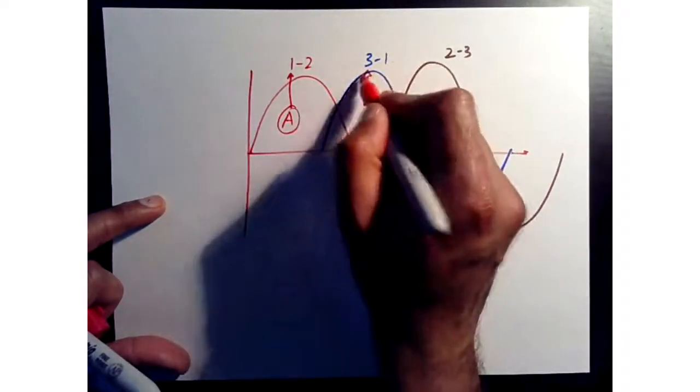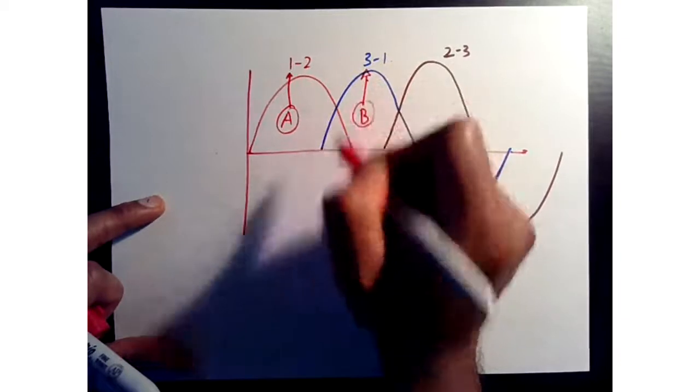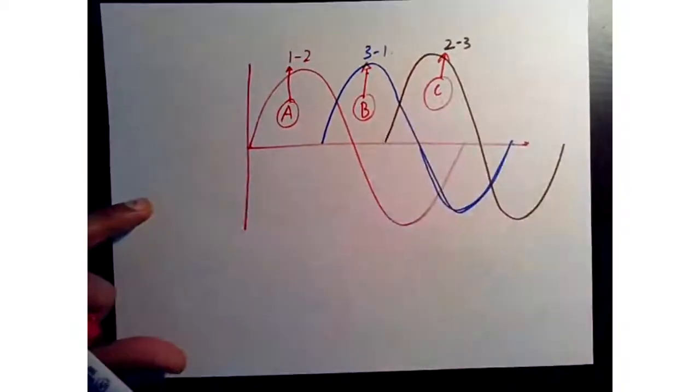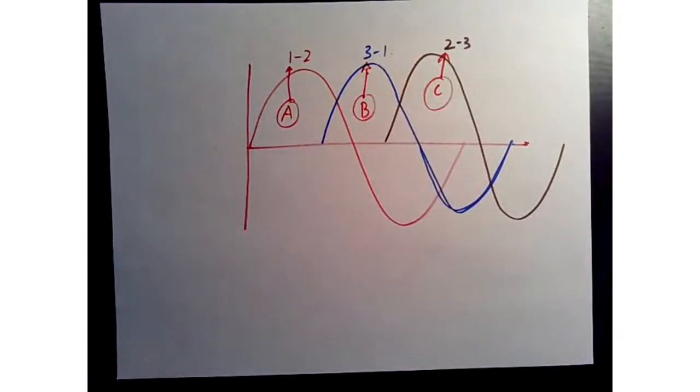Therefore, in this case, 3 becomes B and 2 becomes C. Okay, so that's the importance here. Those are the only two combinations you could see in this case, because we are choosing 1 to 2 to be A. All right.